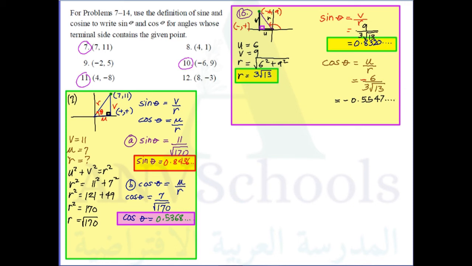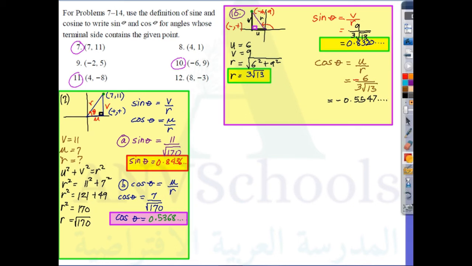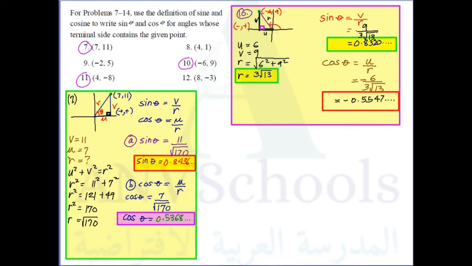Okay, that's our cosine of theta, and it's negative because it's in quadrant 2, right? So this is the answer for number 10.